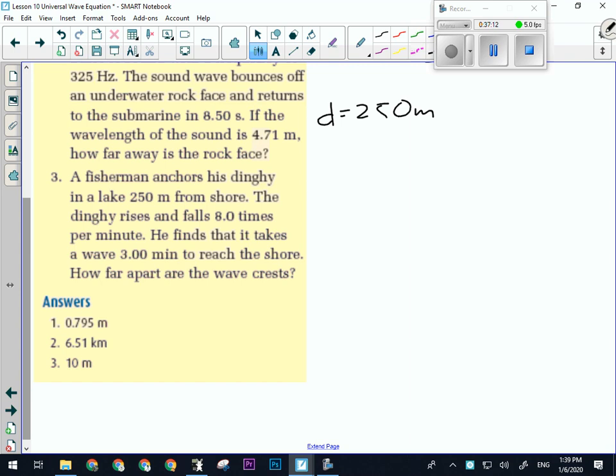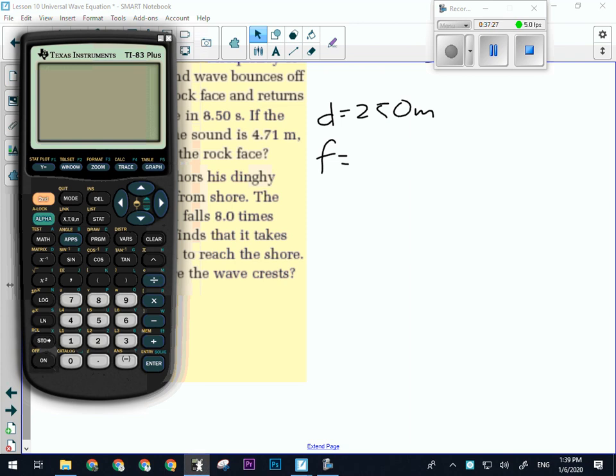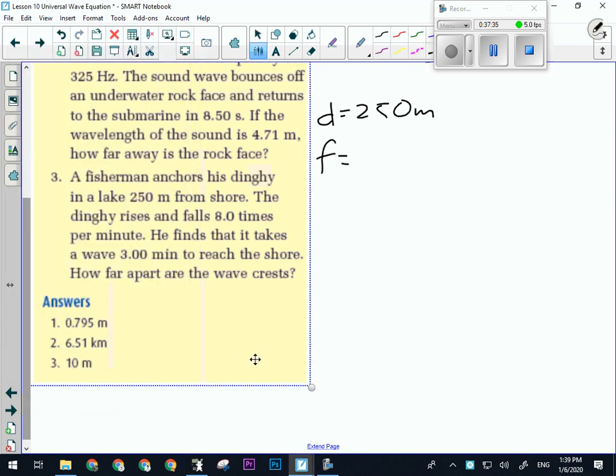That's cycles per minute, and I can turn that into cycles per second by dividing by 60. So I get the frequency in hertz by going 8 over 60, which is 0.13 repeating.